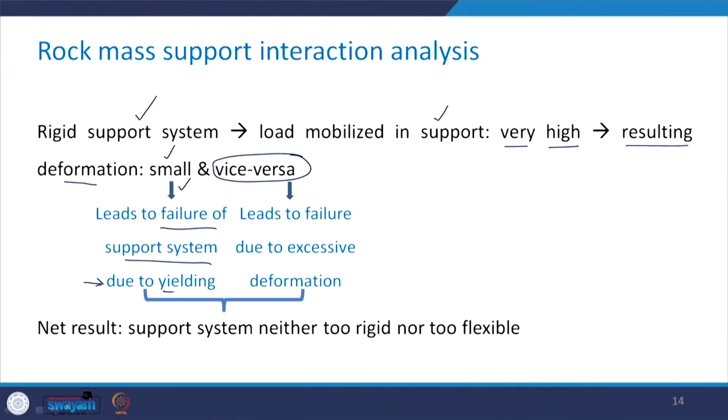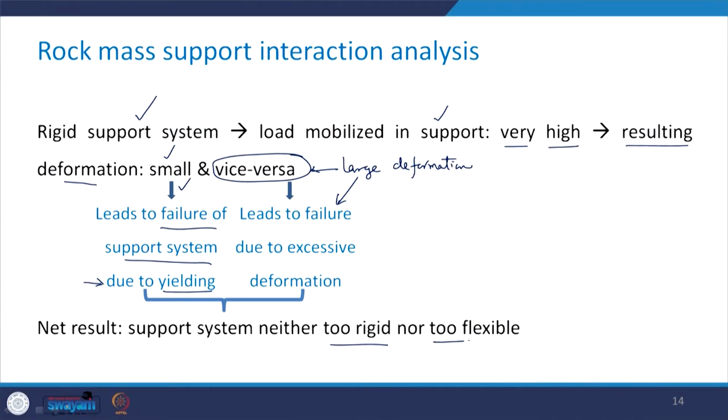So, the failure is going to be there because of the yielding of the support system. In case you have very large deformation, which is the other case, there the failure is going to be because of this excessive deformation.